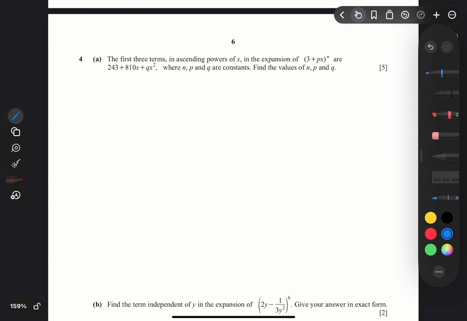Question 4a. The first three terms in ascending powers of x in the expansion of this, where n, p, and q are constants. Find the values of n, p, and q.